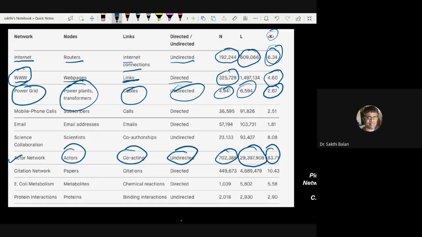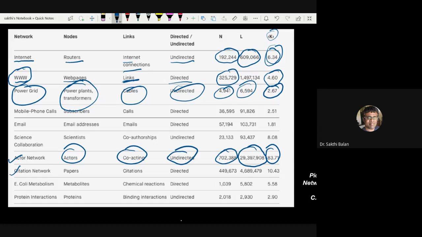The other network that we can talk about is the citation network, especially in the research field. Here the nodes are papers, and the links are the citations. If paper one has cited another paper, then you will have a directed edge.